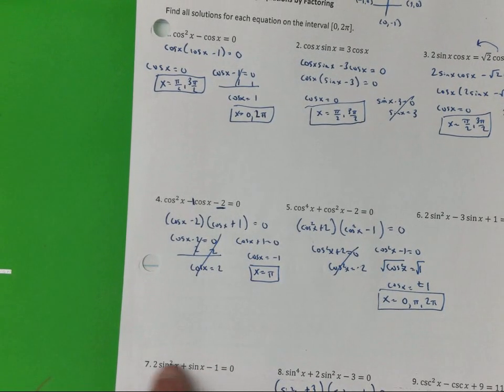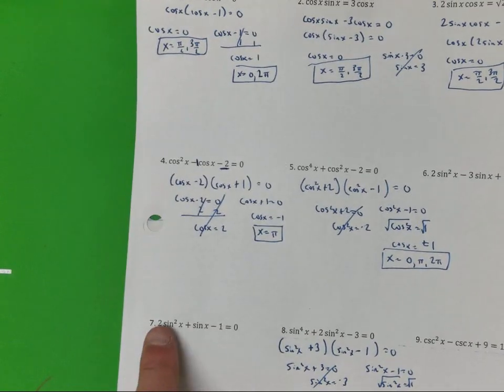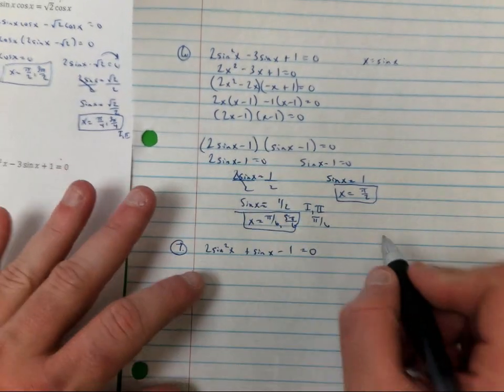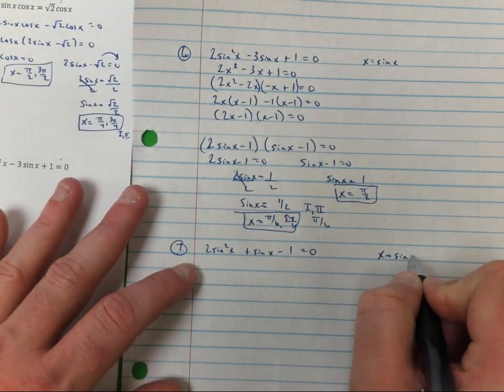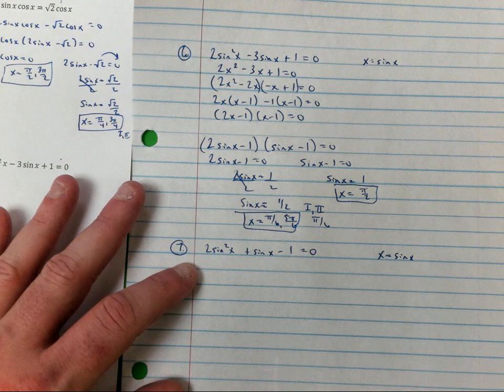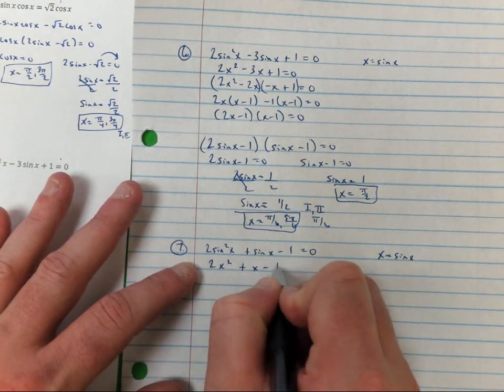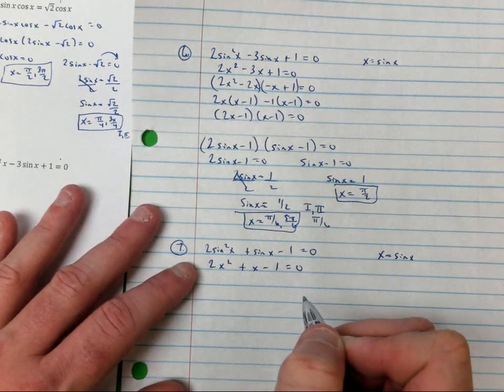Number 7. If you look at number 7, variable squared, variable, no variable, and they have a coefficient greater than 1. So this is busting up again. So I'm going to come over here and let x equal sine x again. So 2x squared plus x minus 1 equals 0.